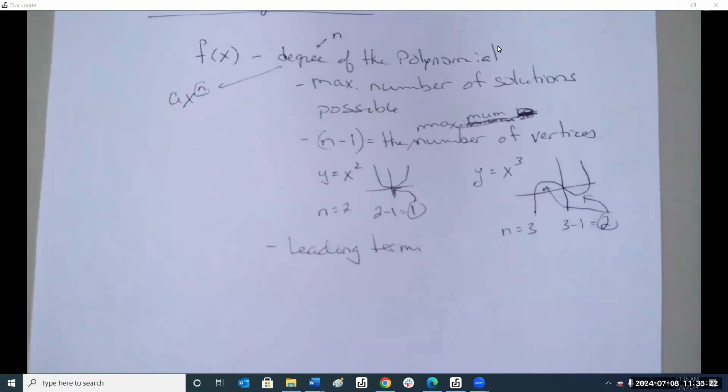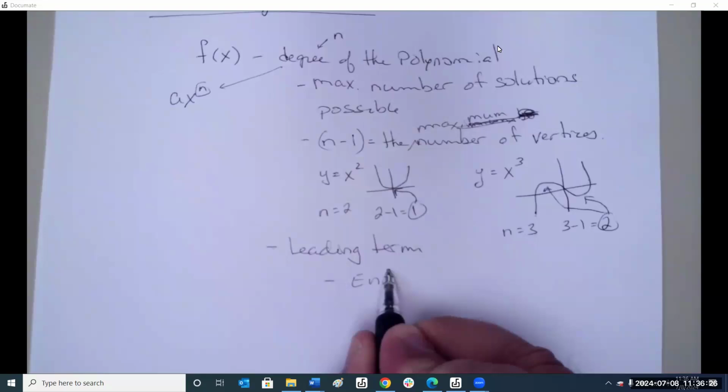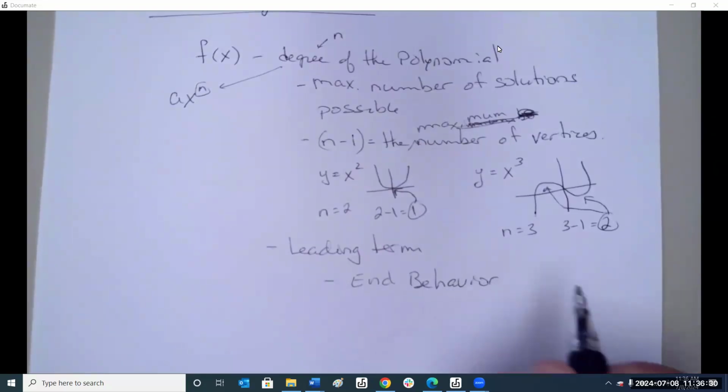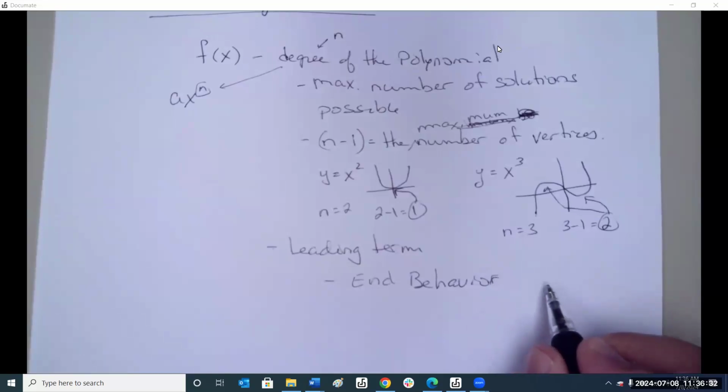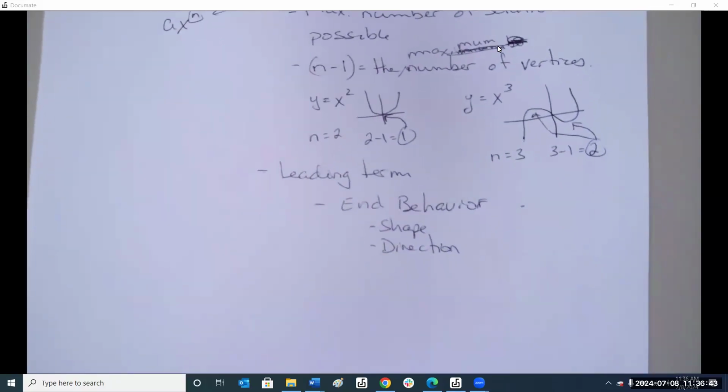The leading term tells us the end behavior. End behavior is the shape and direction of the graph.